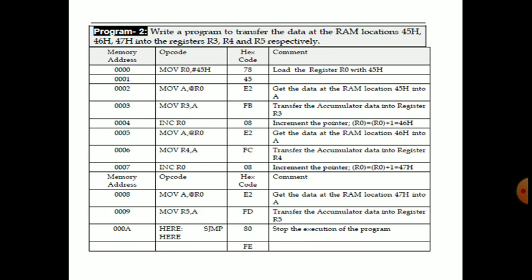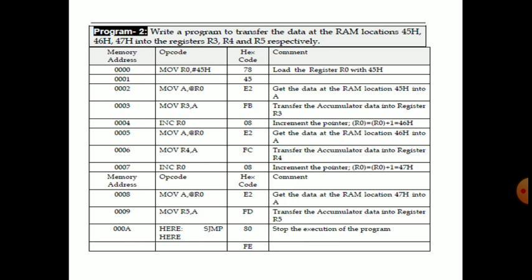So in the second instruction, MOV A, @R0, R0 has some content, that is 45H, because in the first instruction we wrote MOV R0, #45H. The 45H address contains the required contents which are moved on to R3.